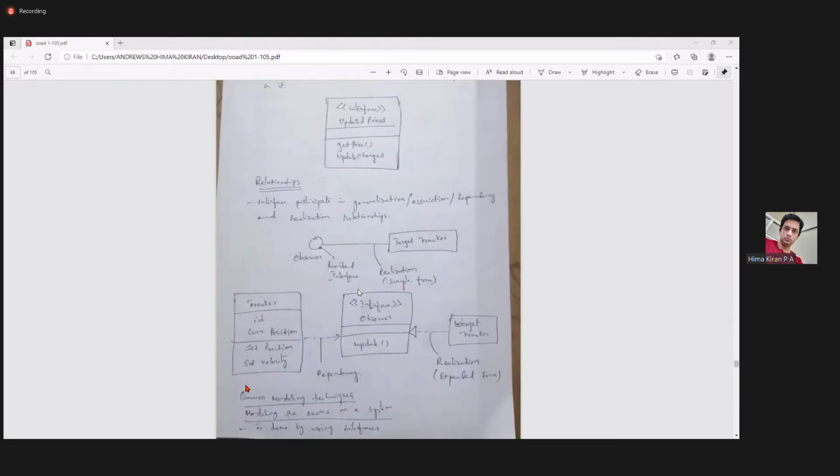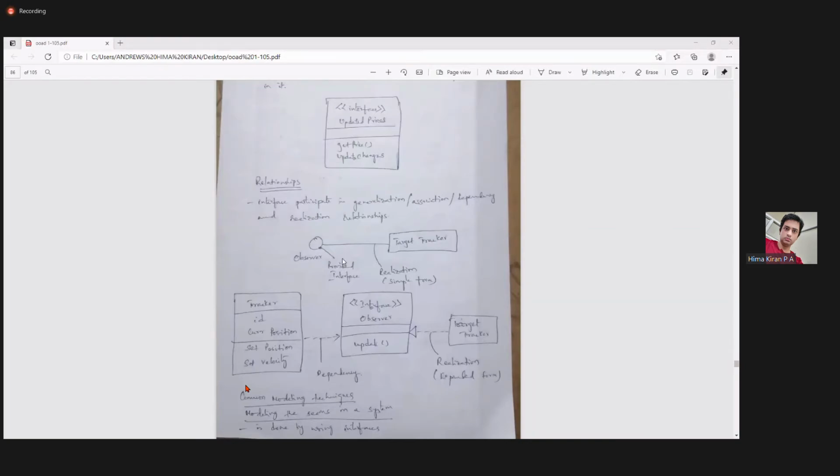Next, relationships. An interface participates in generalization, association, dependency and realization relationships. So we can use these commonly used relationships along with the interfaces concept. We can go for other concepts also like aggregations and compositions, but normally they are used in classes but not in interfaces.